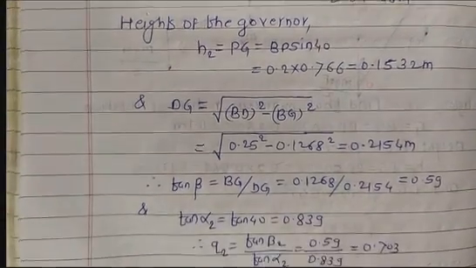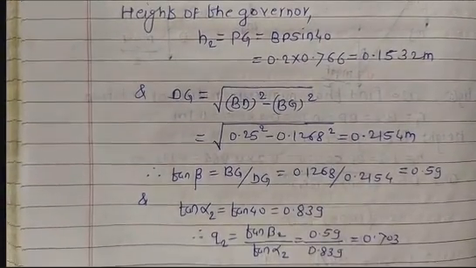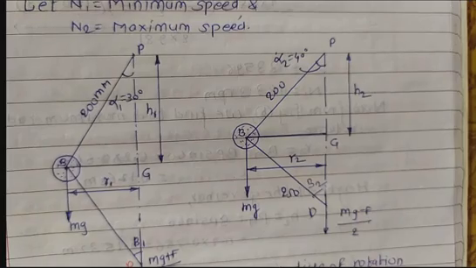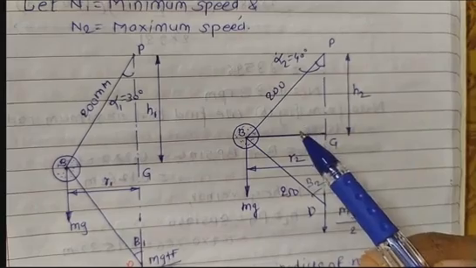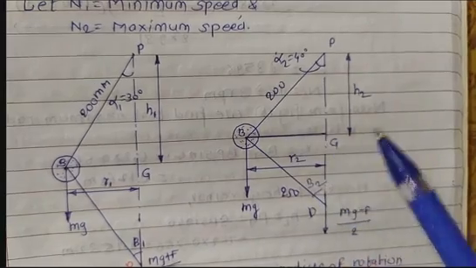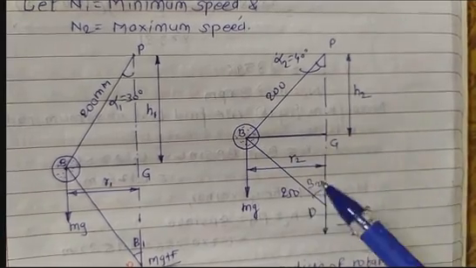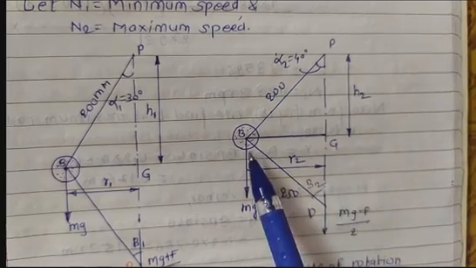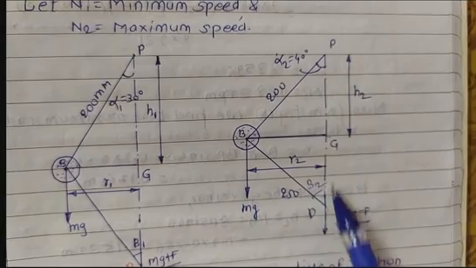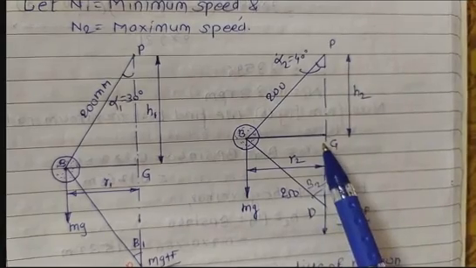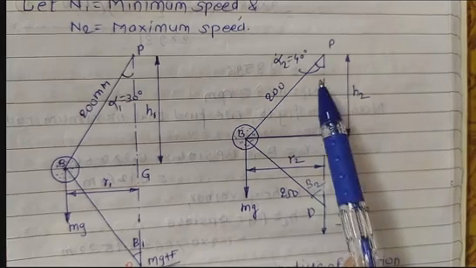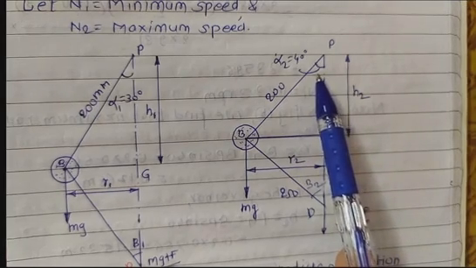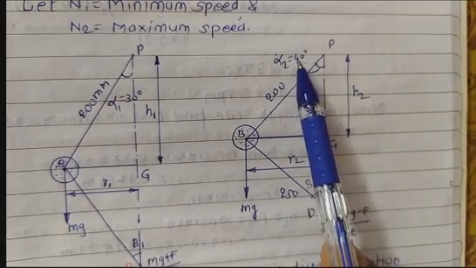Now get the value for tan of beta and tan of alpha. Look at this maximum position diagram. Here tan of beta 2 is nothing but BG divided by this length, that is DG. And what about tan of alpha 2? Here alpha 2 is directly given as 40 degrees.